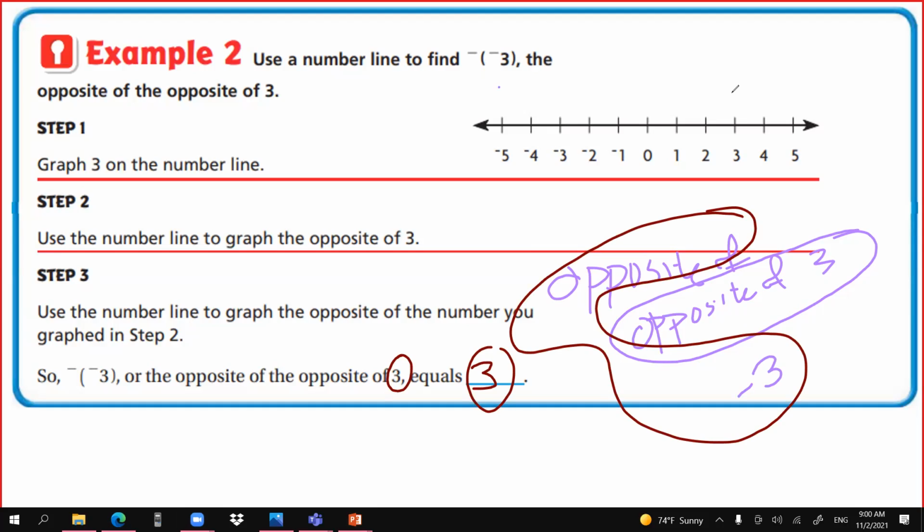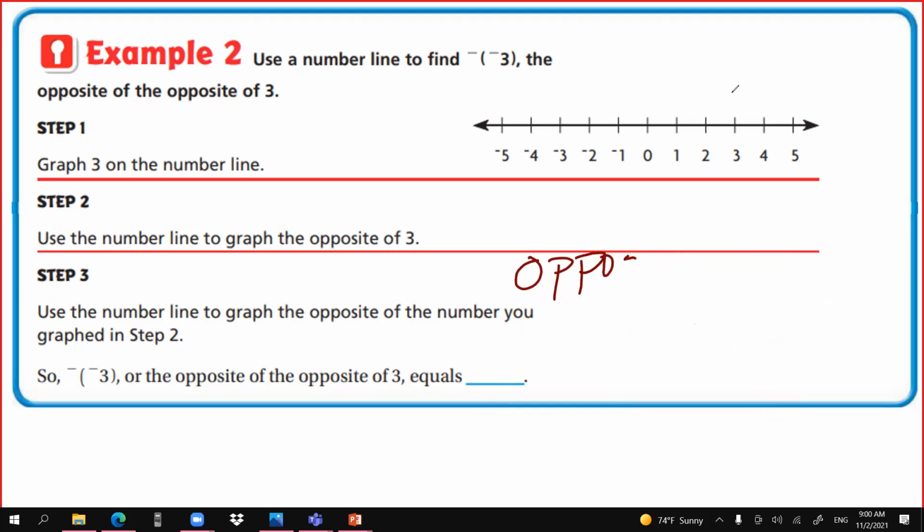See, Jenna, if I ask you now, you know that sugar is an opposite of salt. Okay? Now, what is the opposite of salt? Sugar. And what is the opposite of sugar? Salt. So if I ask you now, what is the opposite of the opposite of sugar, how will you solve it?